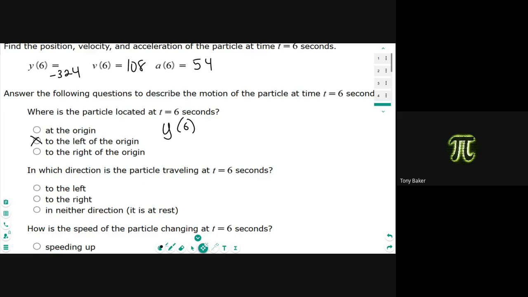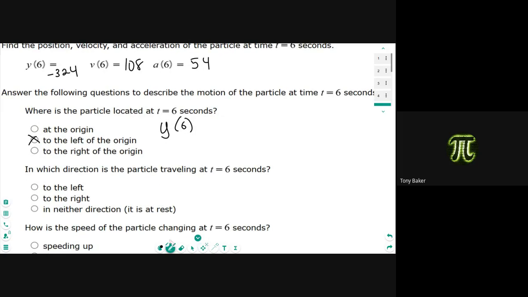What would that be representative of? Yeah, that's going to be velocity. Because if the velocity is positive, it's moving to the right, and if velocity is negative, it's moving to the left. Or thinking about a car, it's moving forward or moving backwards. So my velocity at 6 seconds is what? It's 108. So that means it's moving to the right.